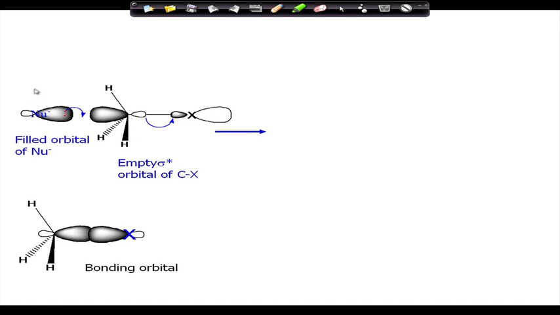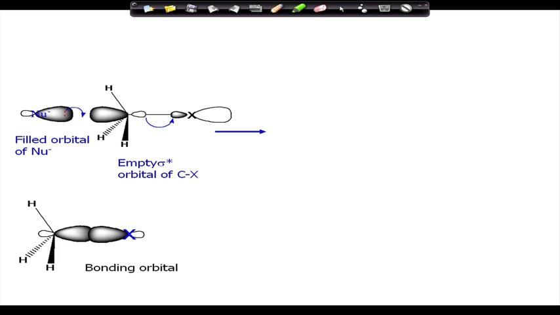Now, this nucleophile could have come from various sides, from this side or from this side, but yesterday I was telling that it will approach in a line along the CX axis, just opposite to it. Why does it do so? Because that gives the maximum stabilization of the two orbitals. Okay. Now, this is what is called the stereoelectronic requirement.